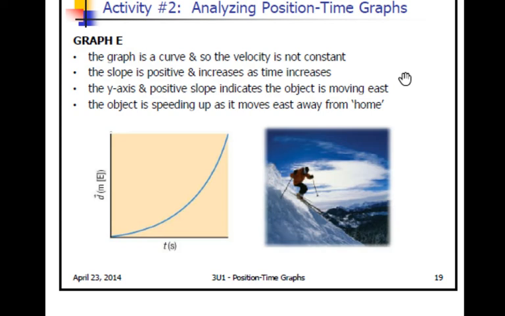So their position will change as this graph shows, which would be a quadratic change in the position. So we're moving away, we're speeding up, so we have a quadratic curve that is increasing.